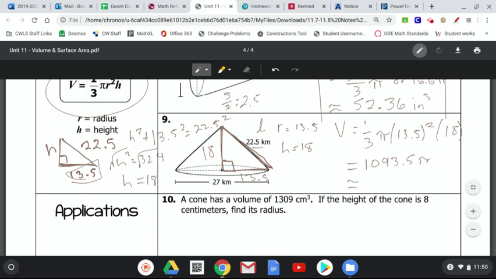And that is approximately 3,435.33 kilometers cubed. So either answer will work. The exact answer is left in terms of pi.